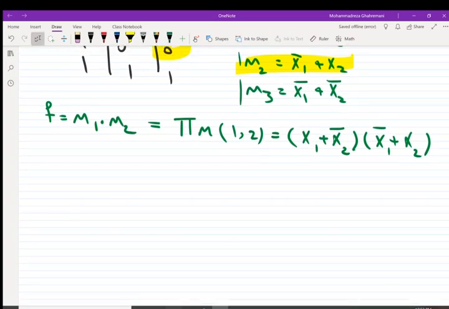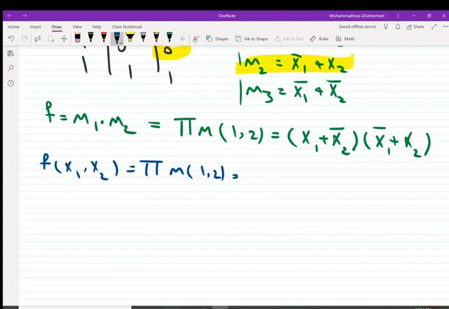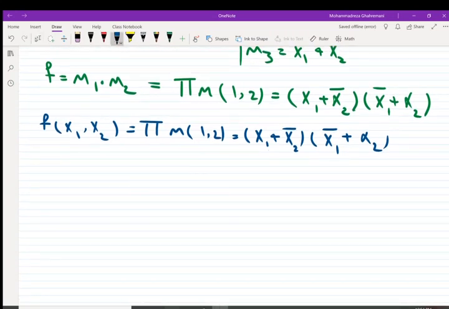So for the function x1 x2 in the form of product of sum, which I said is equal to max terms 1 and 2, which is equal to x1 plus x2 bar times x1 bar plus x2. Let's multiply these two parentheses together to see what we get.